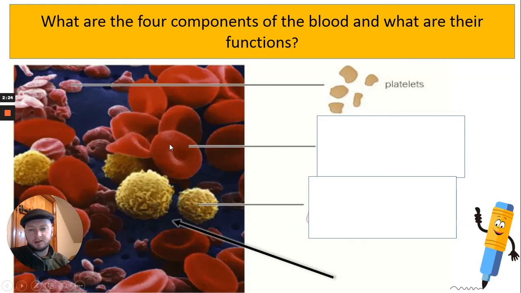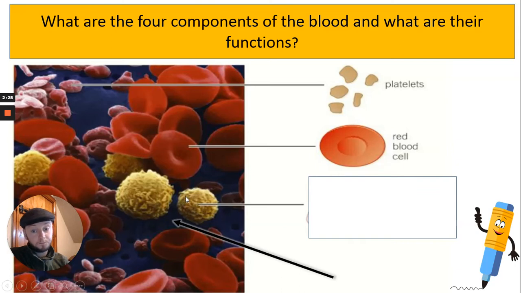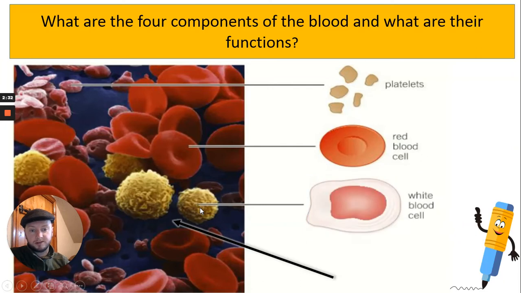Can you remember what that is? Yeah, it's a red blood cell. You've got another cell here and it's white, so that must be a white blood cell. And then all of this sits in fluid called the plasma. So what are the four components of the blood? That's platelets, red blood cells, white blood cells, and plasma. And we'll talk about their functions in a minute.